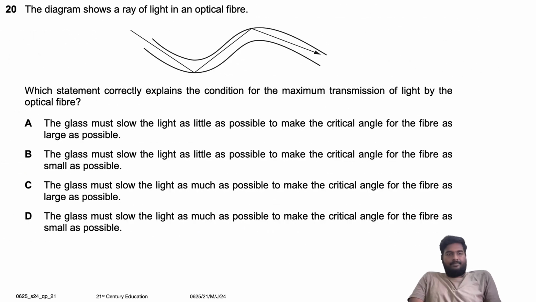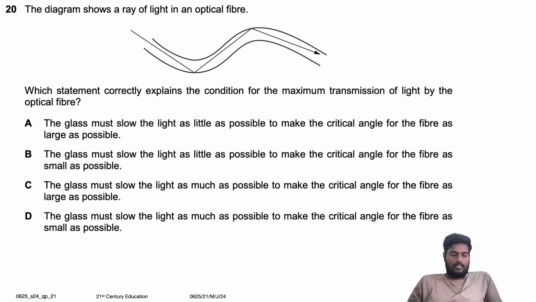Now again, the diagram shows a ray of light in an optical fiber. Which statement correctly explains the condition for the maximum transmission of light by the optical fiber? There is a relationship between the velocity of the light and the critical angle.